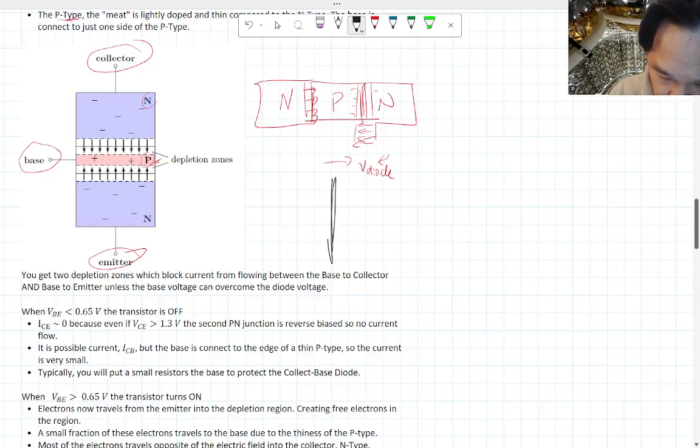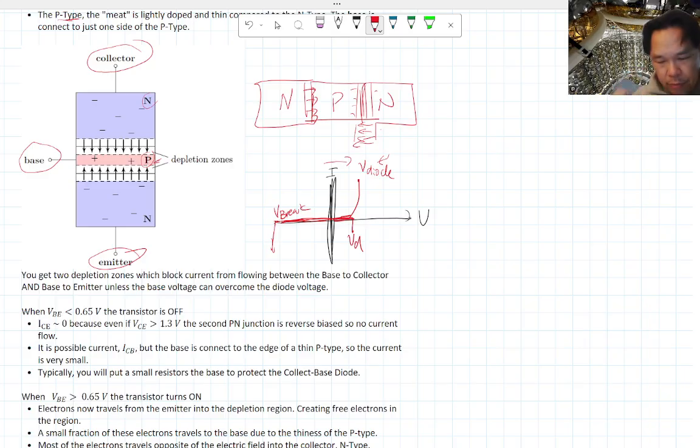We have this IV curve. The diode will not conduct until you reach the diode voltage, VD. Then you have the reverse side, where it's usually substantially large before you reach the breakdown voltage.